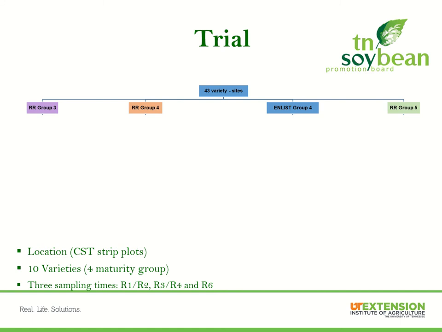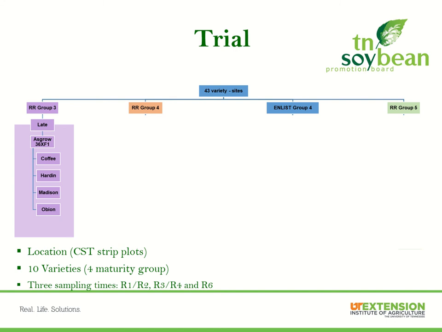We leveraged some of his trial plots, and we were able to reach out to different extension agents that manage this CST plot. Overall, we looked at 10 different varieties across 4 maturity groups.